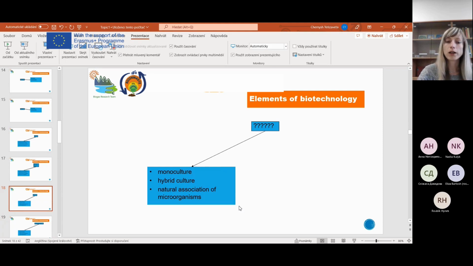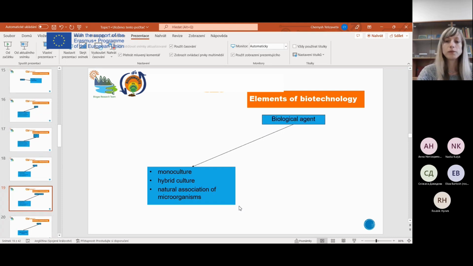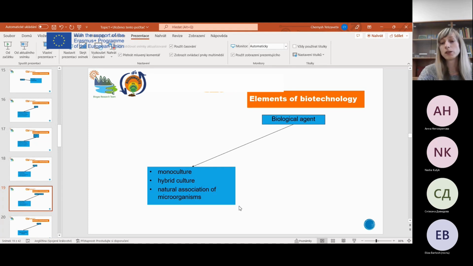biotechnology: monoculture, different types of hybrid culture, natural situation of microorganisms. It's also an element of biotechnology. These are biological agents, and of course they are very important to our biotechnology.